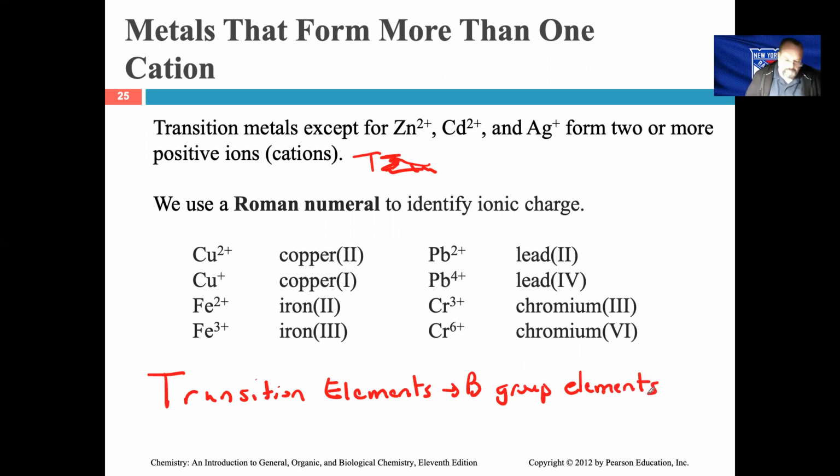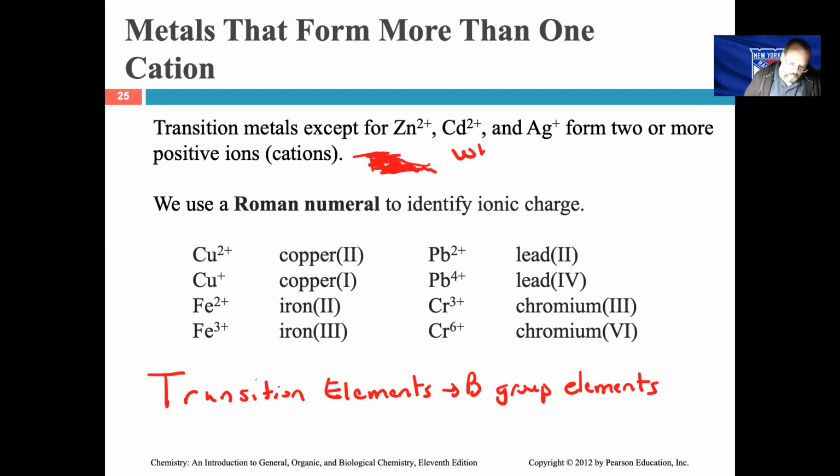The biggest difference in terms of the name of an ionic compound that contains an A group metal versus a B group metal is that when we have an ionic compound that contains a B group metal, we have to identify the charge that that ion is going to have.